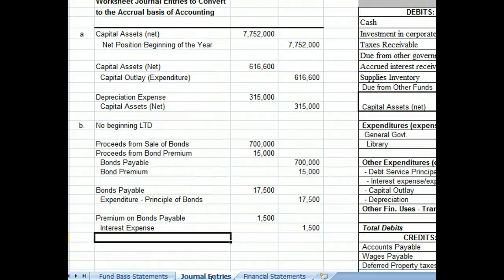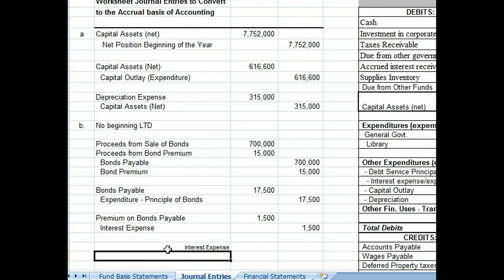The only thing we have left to do is, because it pays interest on these bonds in April and October, we have interest from October 1st to December 31st. So we do have to accrue that interest expense. Interest expense, and we're going to credit our interest payable.